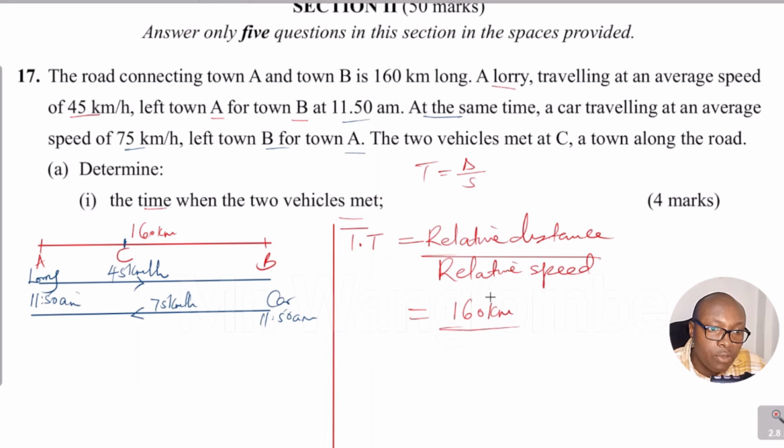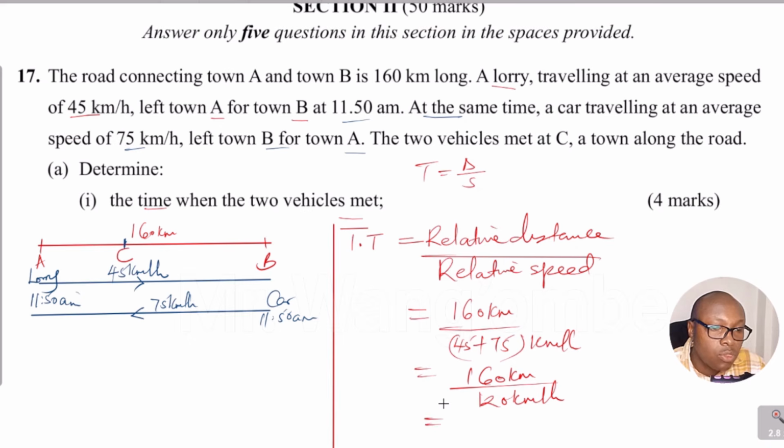Then for the relative speed, looking at the direction of their movements, the lorry is moving from A to B, then the car is moving from B to A. That is, they are moving in the opposite direction. So in such a case, we add the two speeds. So 45 plus 75 kilometers per hour is 120 kilometers per hour.